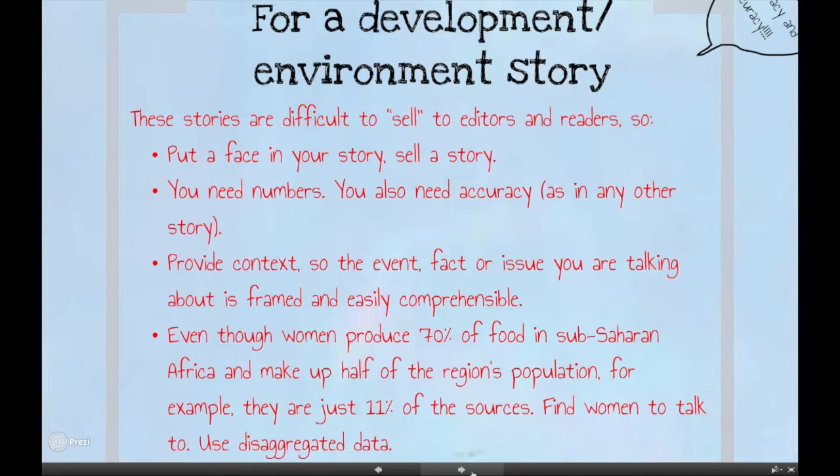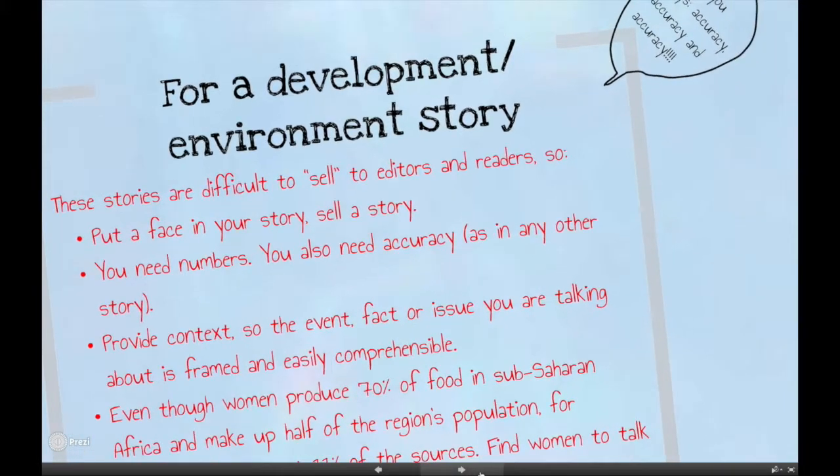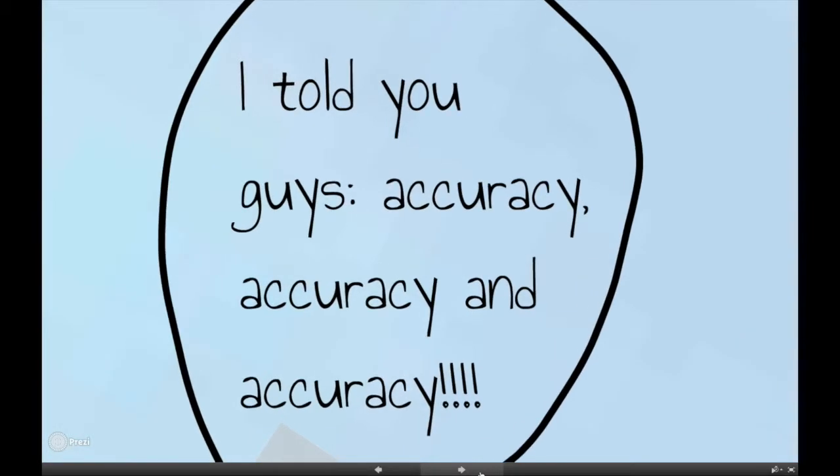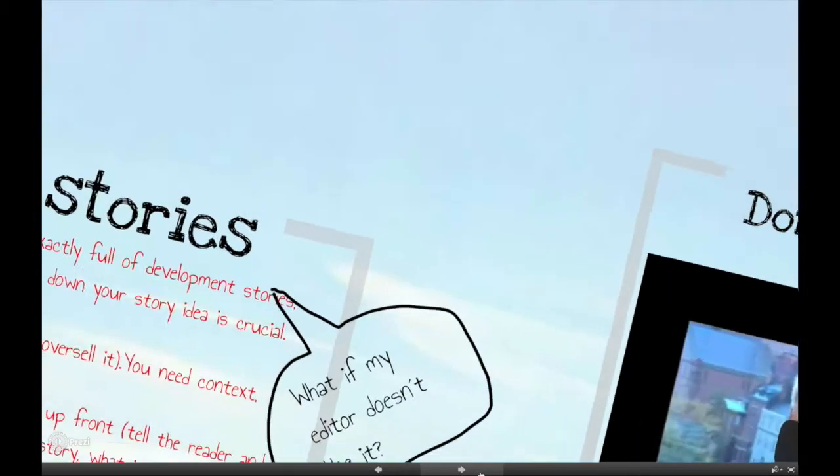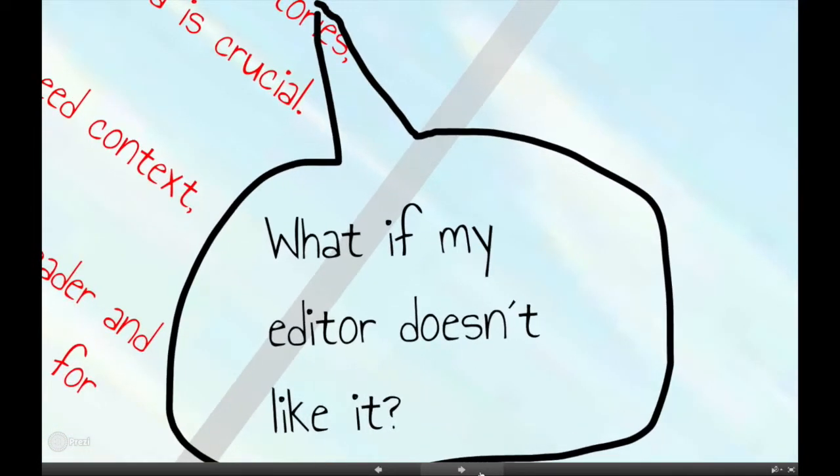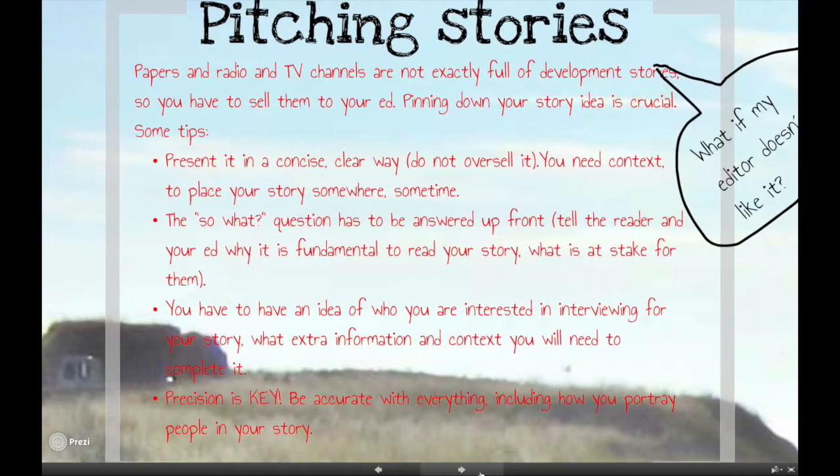So I would advise you to find women to talk to and also to present disaggregated data about how development issues, development facts affect women and men differently. So it's all about accuracy, detail, and a human face.